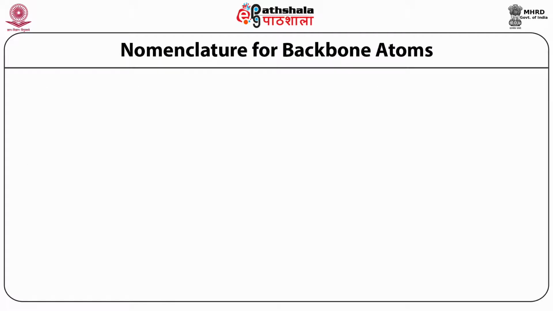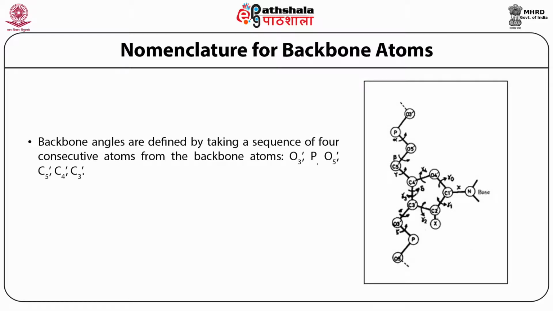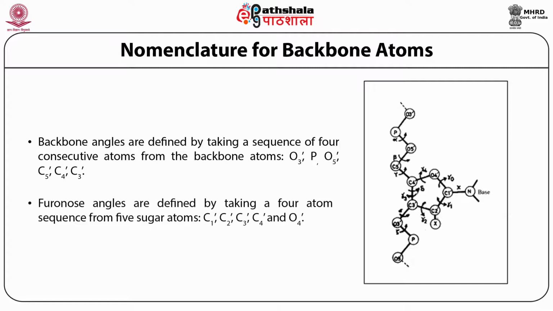Nomenclature for backbone atoms. Backbone angles are defined by taking a sequence of 4 consecutive atoms from the backbone: O3', P, O5', C5', C4' and C3'. Furanose angles are defined by taking 4 atom sequences from 5 sugar atoms C1', C2', C3', C4' and O4'.